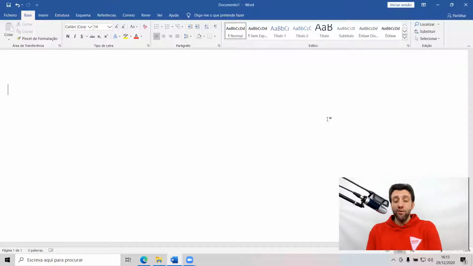Maybe we can find some exercises that meet what we really need, but most of the time that doesn't happen, or we have to make some little adaptations so the exercise really becomes useful for our karate practice.